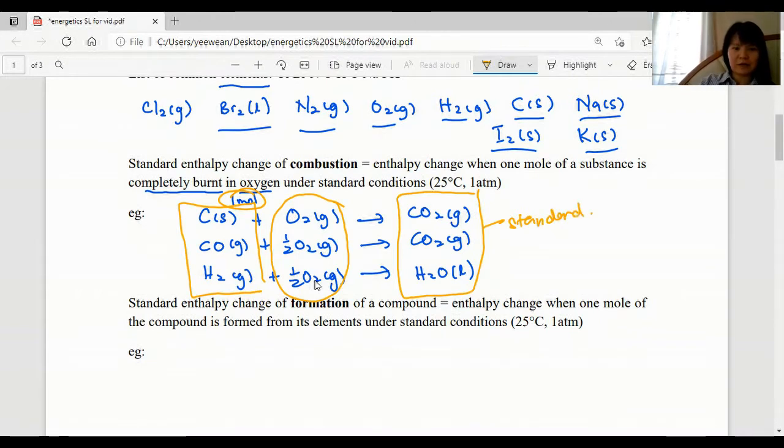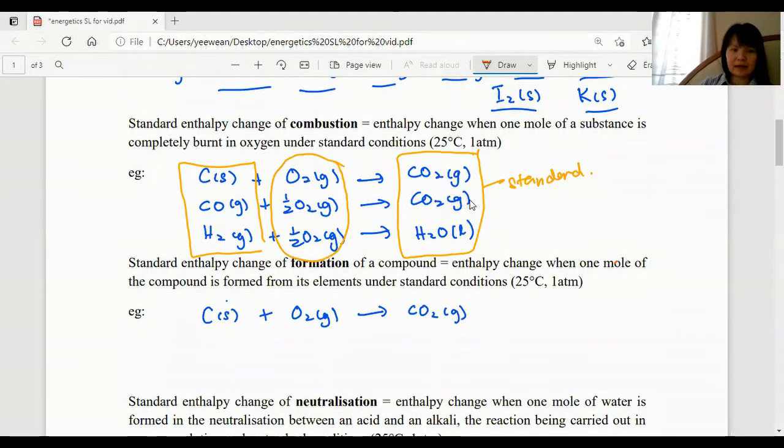Meaning if graphite was combusted with not enough oxygen, it's going to form CO, carbon monoxide gas. So that's not standard, and that won't fit the definition of standard enthalpy change of combustion.